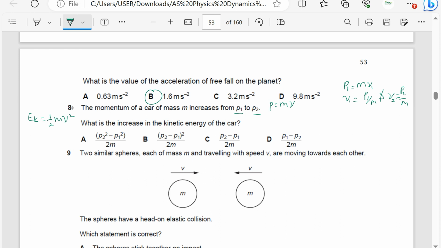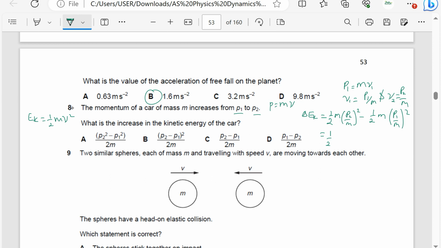So the change in kinetic energy is going to be equal to the final kinetic energy, a half m into P2 over m squared, minus the initial, which is a half m into P1 over m squared. If we factor out the common factors here, this is going to be a half.